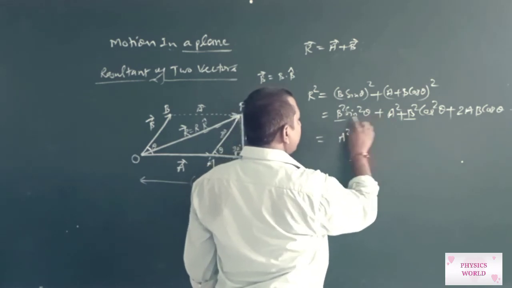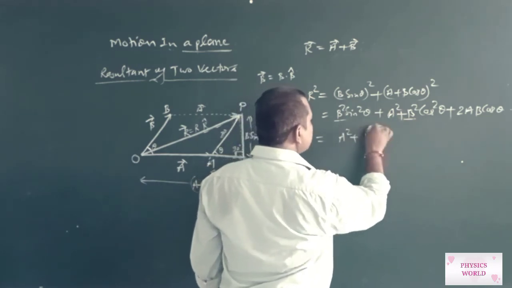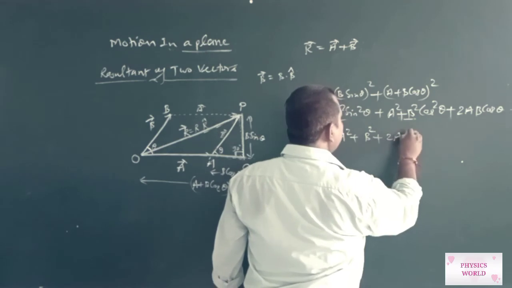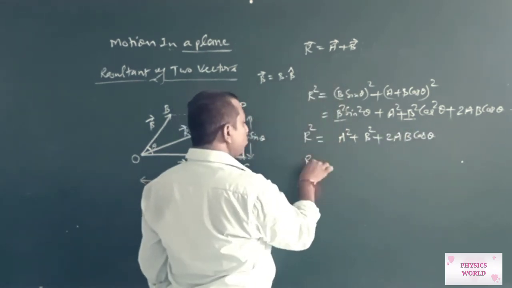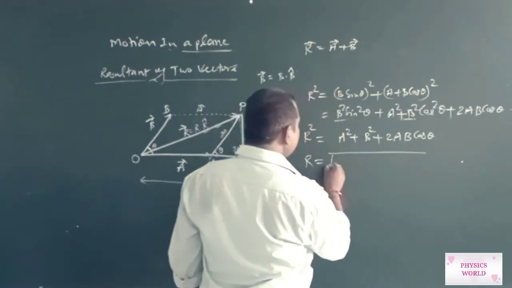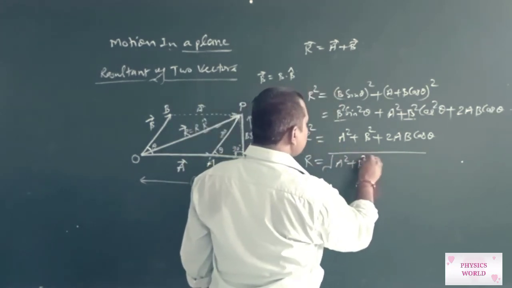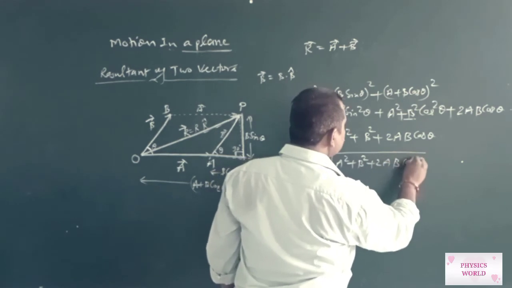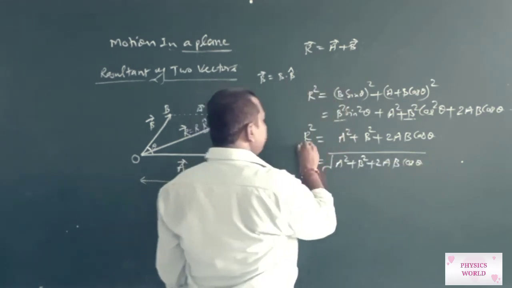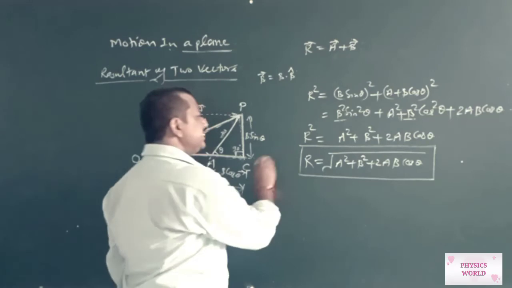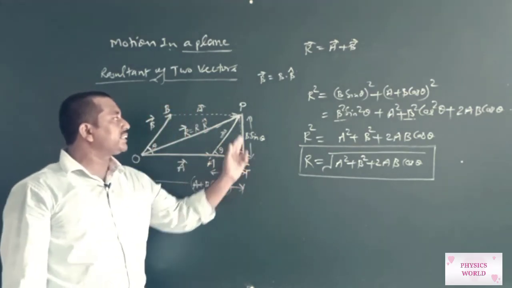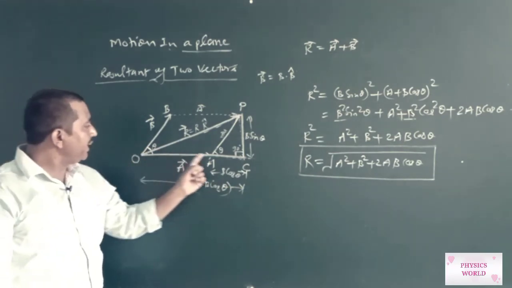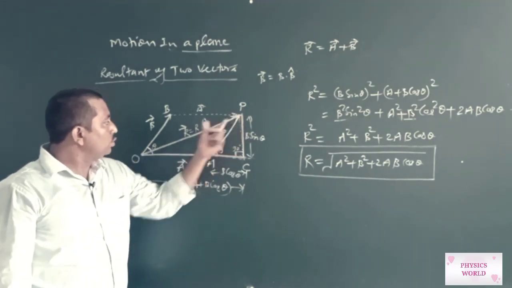So from here A square, and from here B square, plus 2AB cos theta. This is the value of R square. So the value of R is equal to under root A square plus B square plus 2AB cos theta. With the help of this formula, we can easily obtain the magnitude of the resultant of two vectors, vector A and vector B.